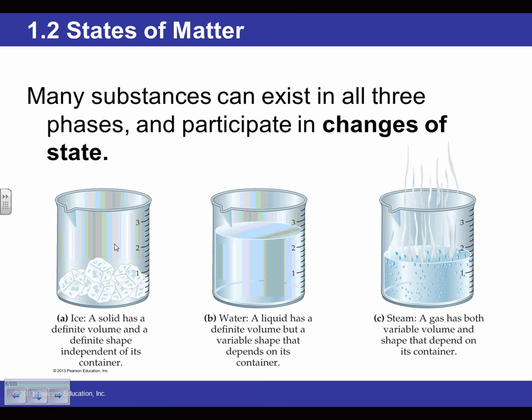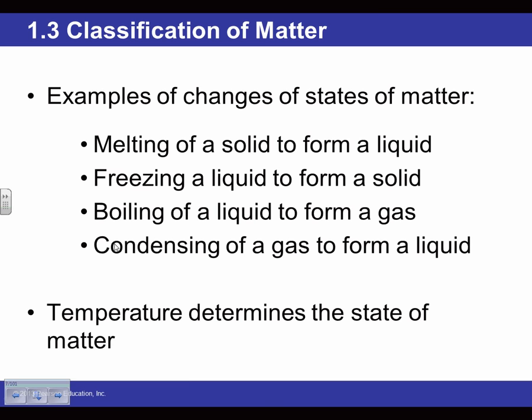When you're talking about evaporation, you're talking about the process of going from liquid to becoming gas, etc. But these changes of state represent those transitions between the three states of matter that I mentioned before: solid, liquid, and gas.